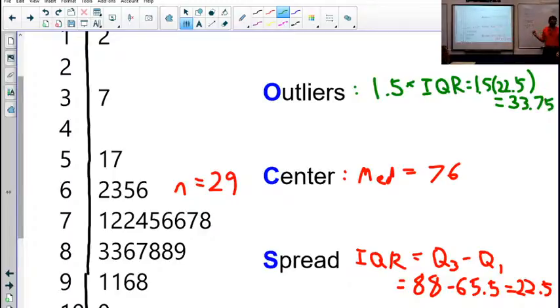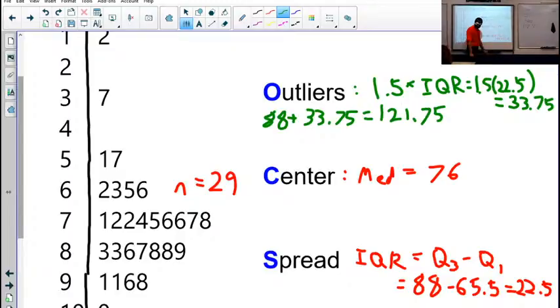So that's going to be our boundary that we're going to look at. So we're going to take Q3, which was 88, and add that 1.5 times IQR, which will equal 121.75. So anyone that scored above 121.75% is an outlier.